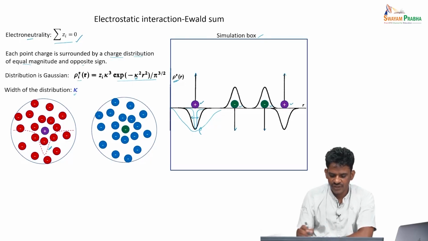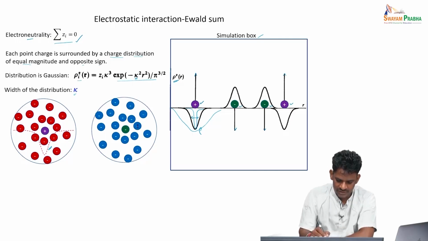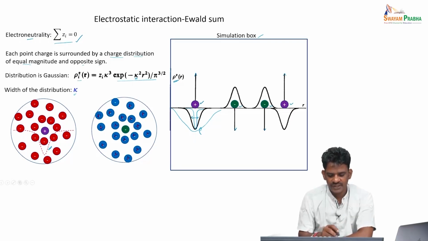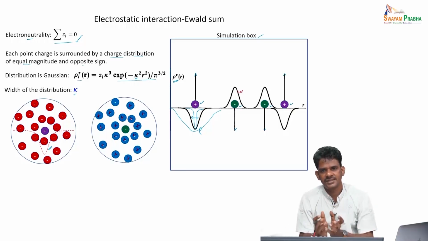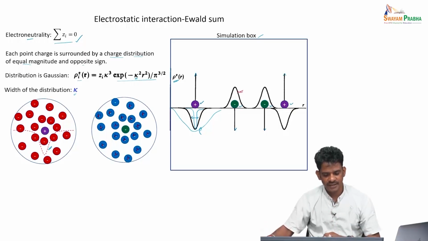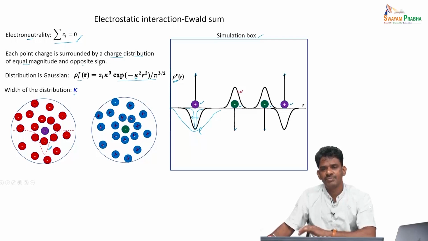Similarly, if you take a negative charge, above the central negative charge we are going to put some positive charges. So we're basically putting a sea of positive charges around the central negative charge, and the distribution of this charge is given by this Gaussian. So you can see that each of these ions is basically surrounded by a sea of counter ions by an imposed charge distribution. That is the meaning of this particular method.